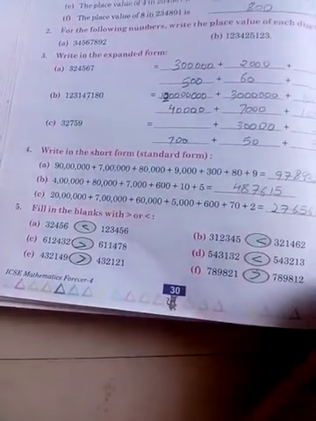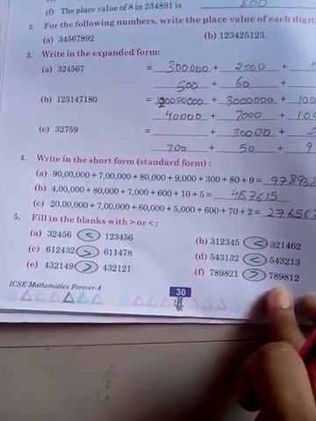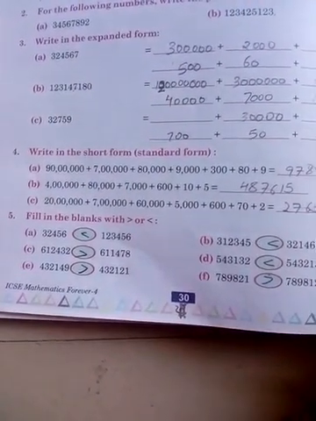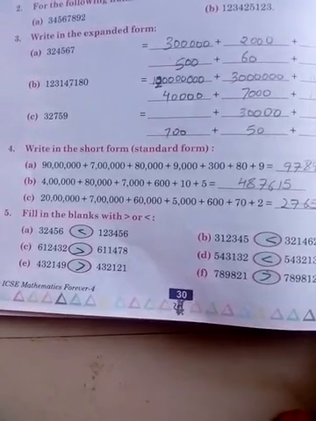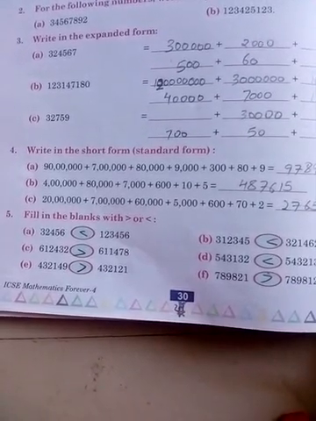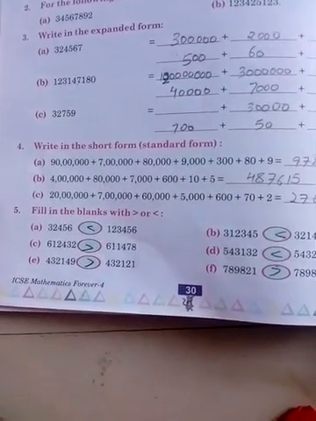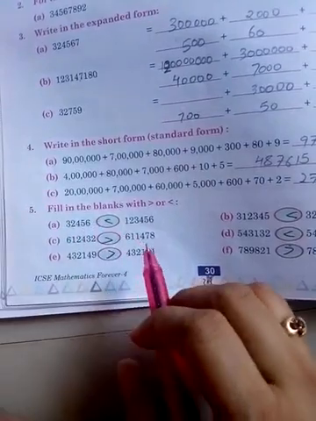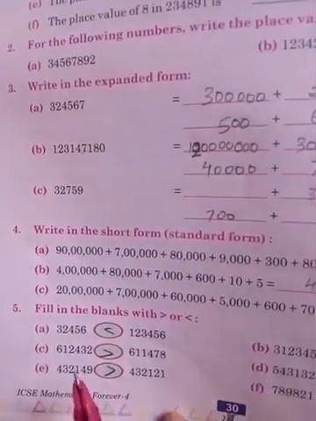First of all, for comparison and ordering, I tell you one method or a trick, you can say. First count the number of digits in the given number. Count how many digits are there on one side and on the other side, so that you can get to know which is the larger and which is the smaller number.